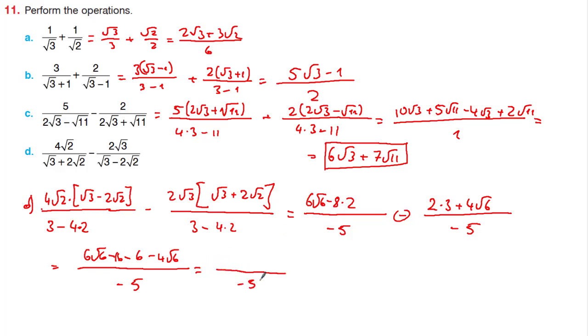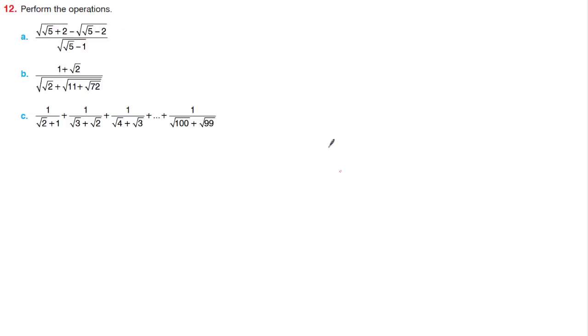Alright, let's keep for now this denominator negative 5. So 6 root of 6 minus 4 root of 6 is 2 root of 6. Negative 16, negative 6 is negative 22. We can just rewrite it as 22 minus 2 root of 6. Alright, let's try under A.